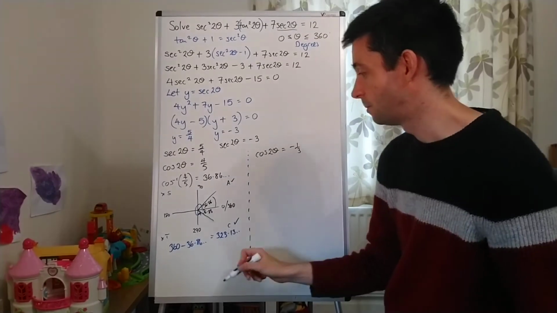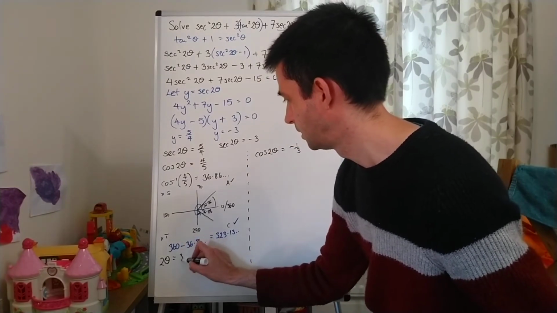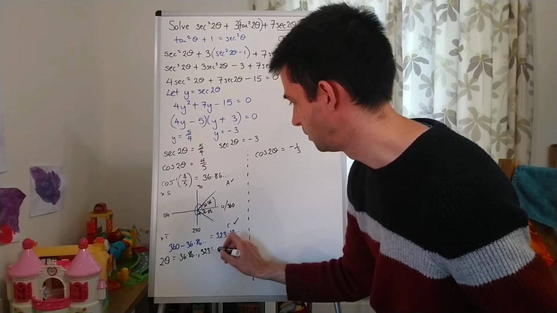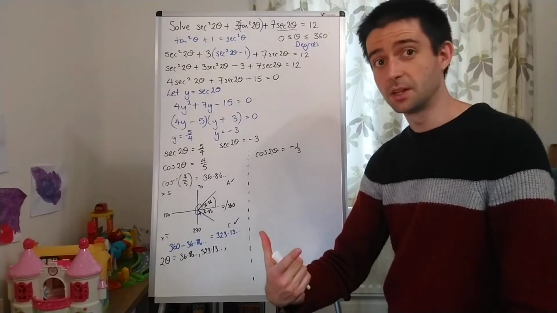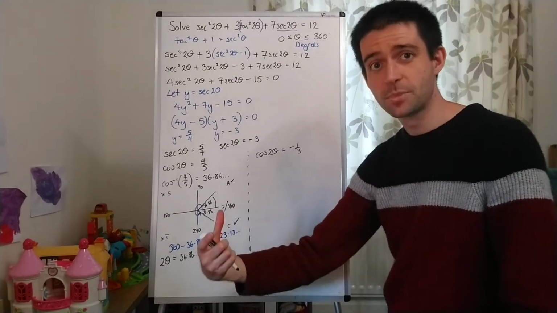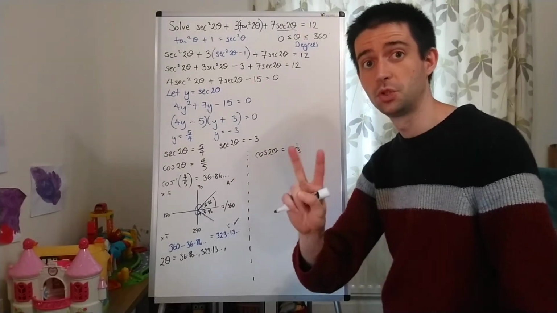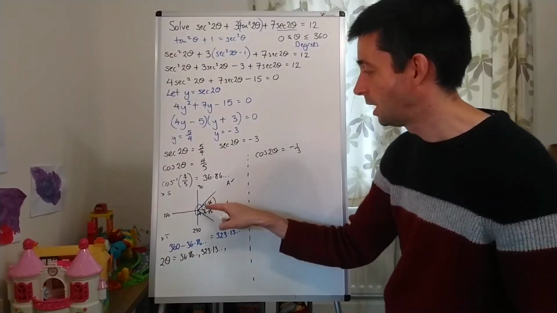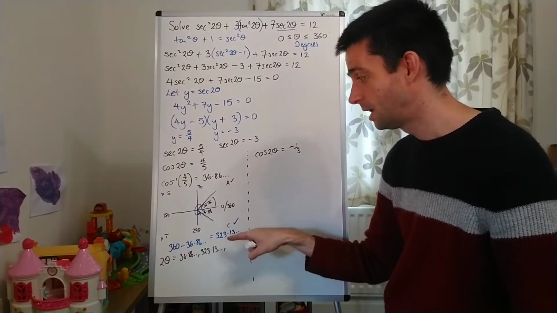Now importantly, remembering at this point that these are values of 2 theta, so 36.86 and 323.13 are values of 2 theta. So because I'm going to be halving them, what I now need to do is go around the cast diagram again to get 2 more solutions for cos 2 theta equals 4 over 5.